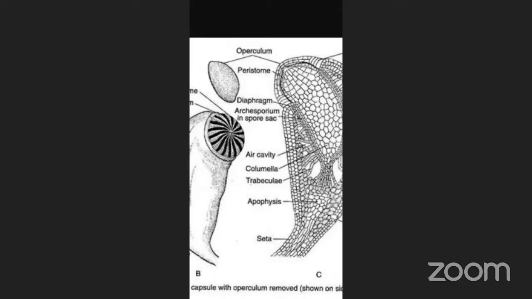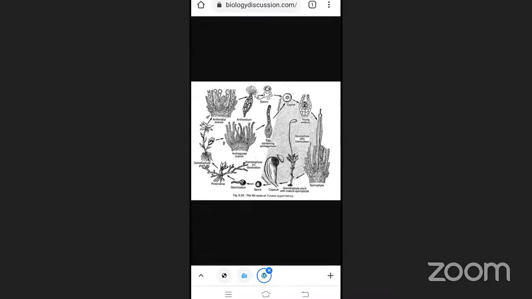After some lateral branches arise, they differentiate into stem and leaf-like structures. See here, this is the life cycle of Funaria.